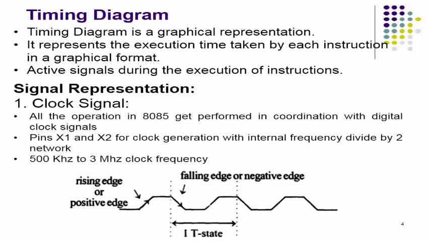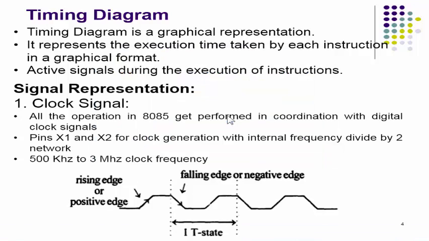To generate the digital clock signal, X1 and X2 pins are given, where we connect a crystal of 6 MHz or an RC or LC tuned circuit. The external crystal frequency, for example 6 MHz, is internally divided by 2, and due to this we get an internal operating frequency of approximately 3 MHz. The minimum to maximum range of the 8085 clock frequency you know very well.